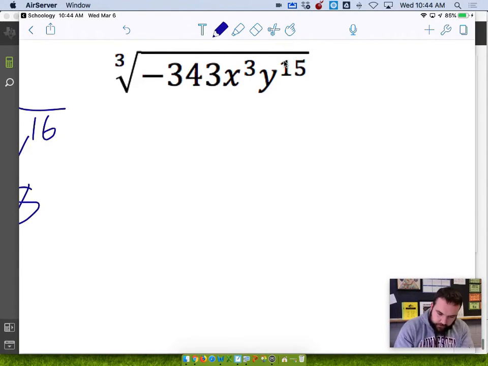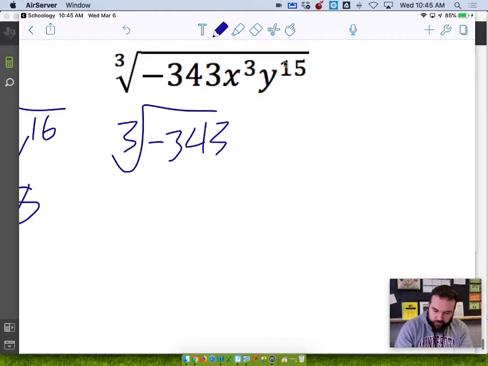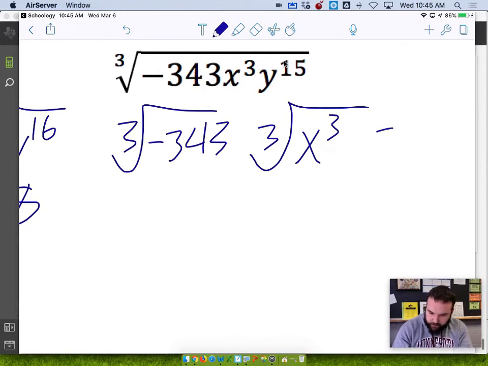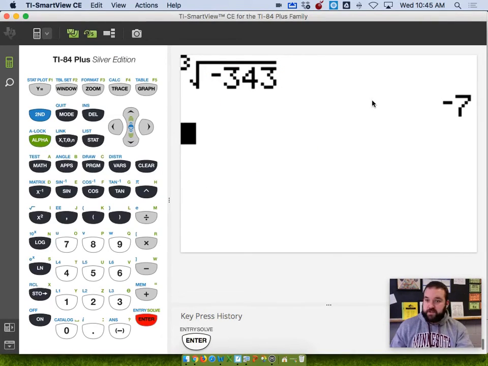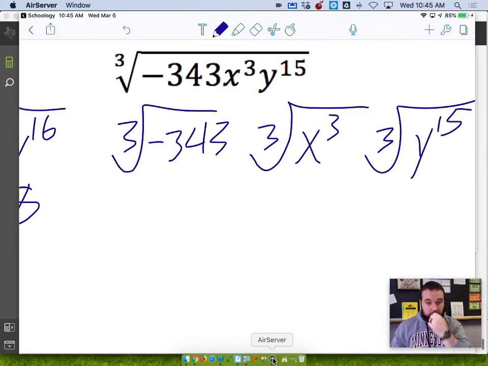Okay, so for the second one, I'm going to take the third root of negative 343, the third root of x to the 3rd, and the third root of y to the 15th. The third root of negative 343 you could type in the calculator. I actually just did that and I got -7.